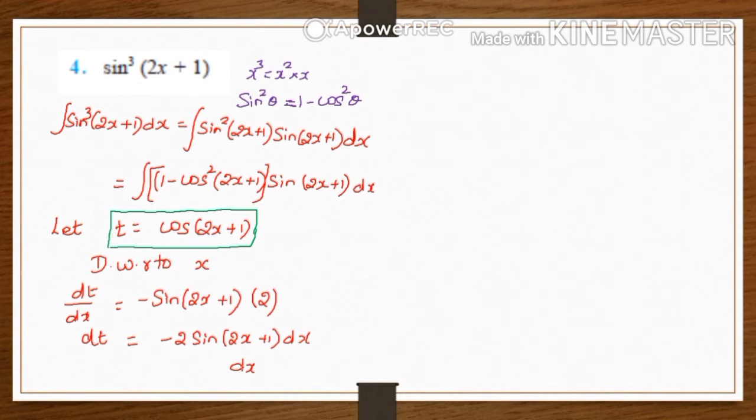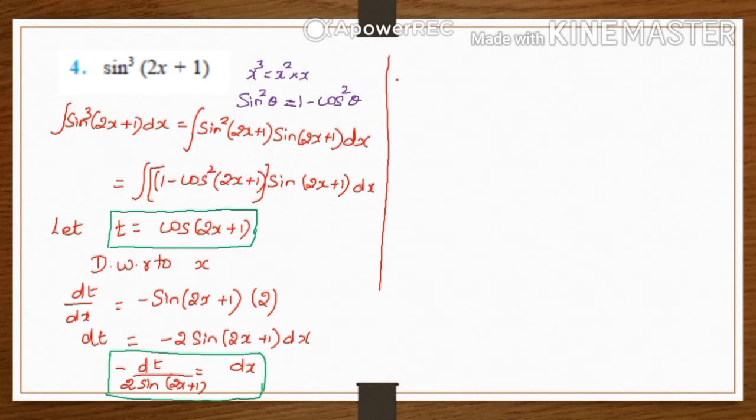From this we get the value of dx. So dx is equal to minus dt divided by 2 into sine (2x plus 1). So we got the value of t as well as the dx value. We have to substitute both the values in the given question.